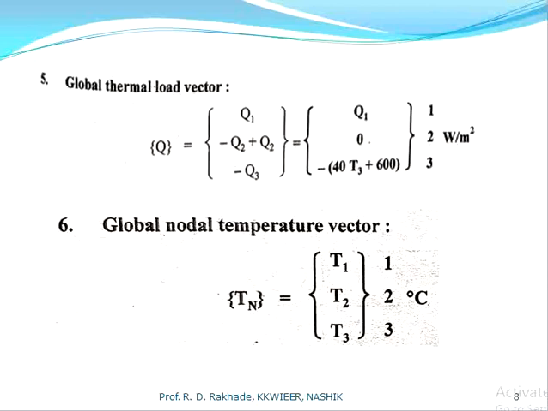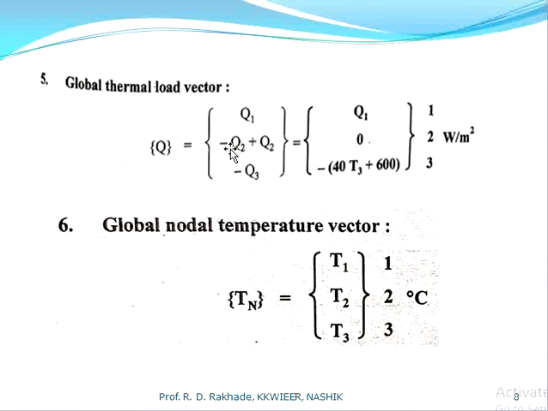Fifth step is the global thermal load vector, or we can simply say the load vector. Its size is equal to 3 by 1, as there are three nodes: heat flux at node 1, heat flux at node 2, heat flux at node 3. For element 1, there are two nodes, Q1 and minus Q2.